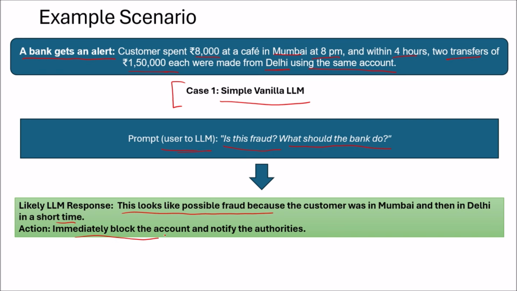Action: immediately block the account and notify the authority. This is not correct because there is no consistency, no rule check, no proper verification, no systematic evidence analysis, no check of whether the rules changed or how the interaction of some rules has some meanings. It is not checked at all. That's why it gives a wrong result.